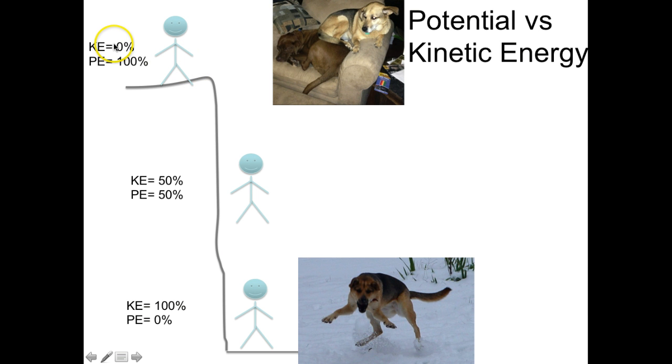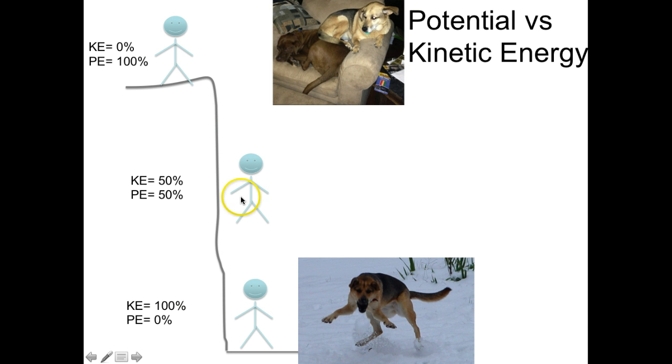He's not moving at all since he's standing still, and he has all of his energy stored in the ability to fall. It took him energy to get up there, and that energy is now stored within him. Same thing with Molly. It took her energy to climb up on top of the dog and to sit on top of the chair, and now she has that energy stored within her. She has the capability of falling off of the chair.